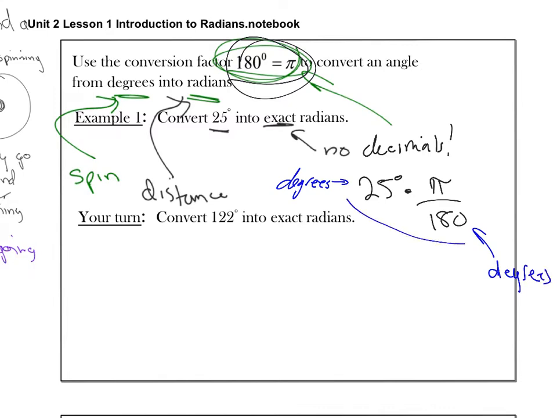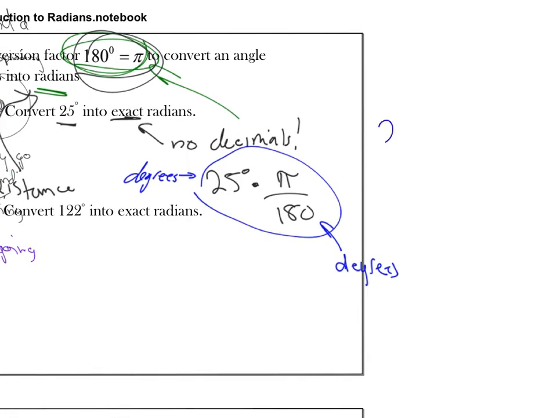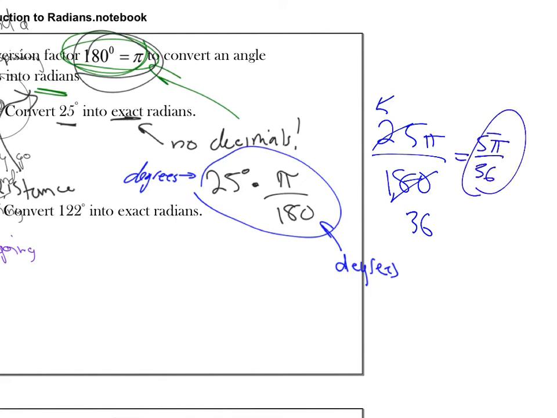So I'm going to take 25 times pi over 180. Now a little bit of simplifying. Divide those both by 5, and I get 36. So my simplified answer will be 5 pi over 36. That would be my distance in radians.